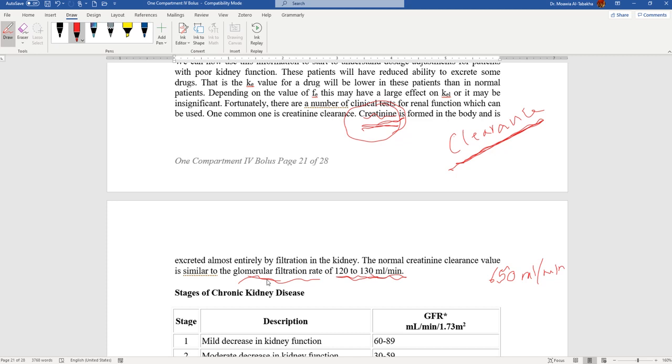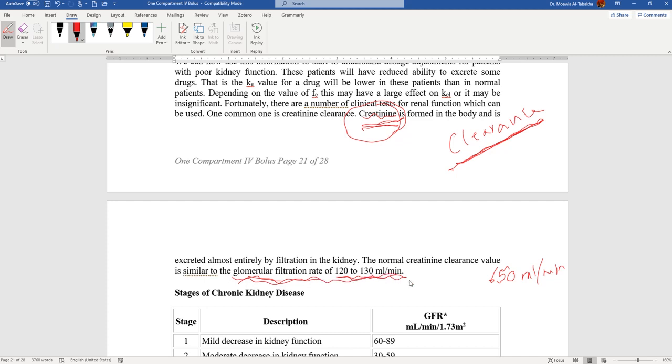In the kidney, what is the process by which creatinine gets removed? Mainly, not only, but mainly by filtration. So what is the filtration for a normal kidney? It's 120 to 130 ml per minute. If I know the clearance or filtration rate of creatinine, I will be able to say whether the glomerular filtration is good or not.